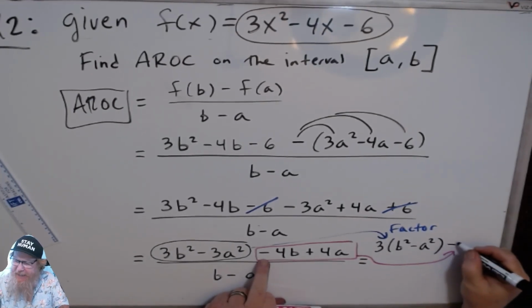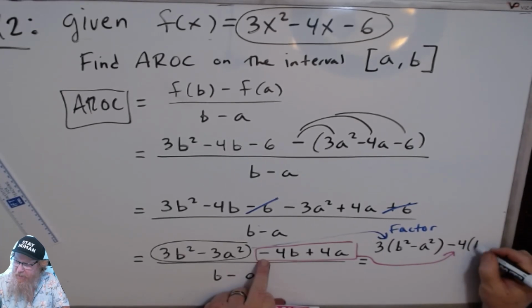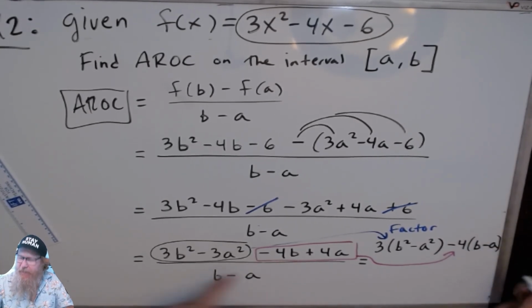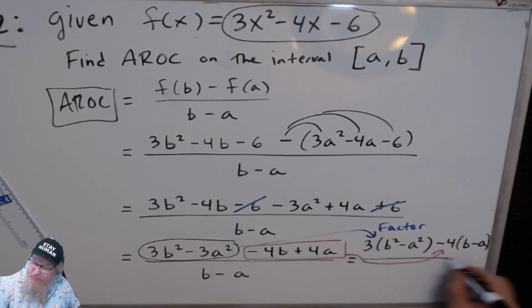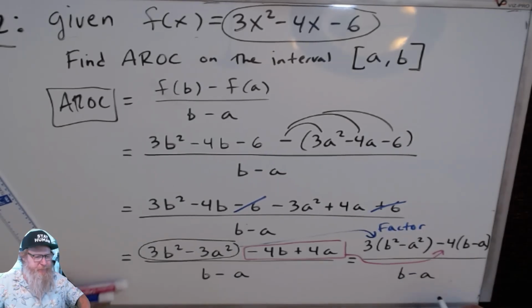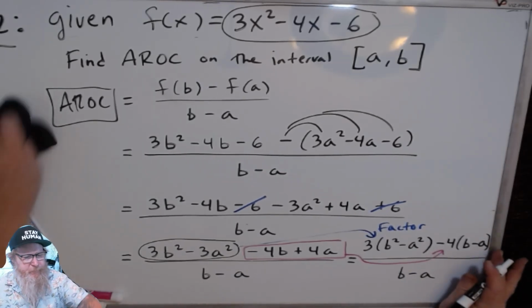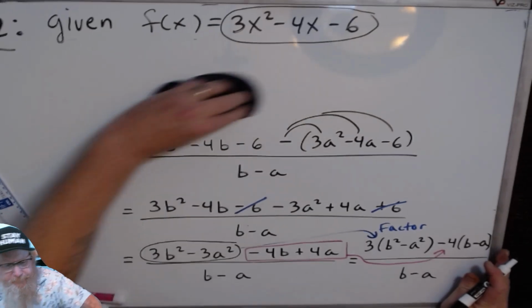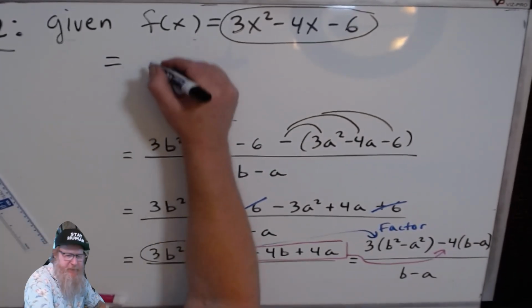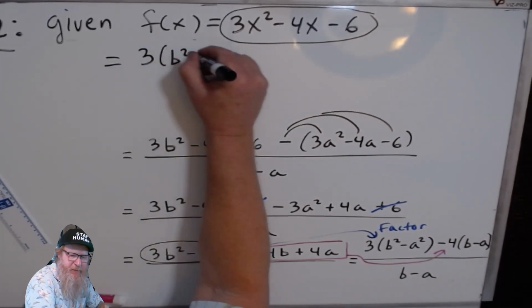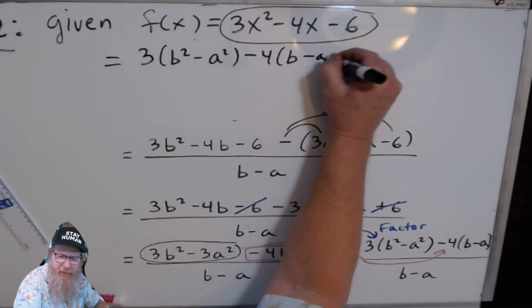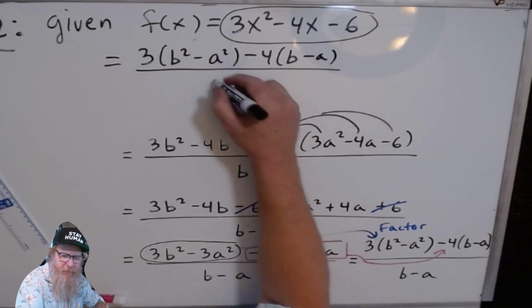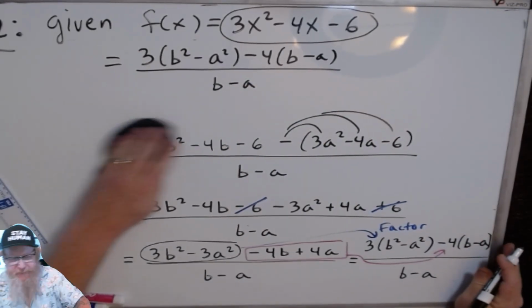I'm going to pull out the negative and the 4, and I'm going to get b minus a. And then this is all over b minus a. I'm running out of space, so let me just copy this one more time. 3 times b squared minus a squared, minus 4 times b minus a, all over b minus a.